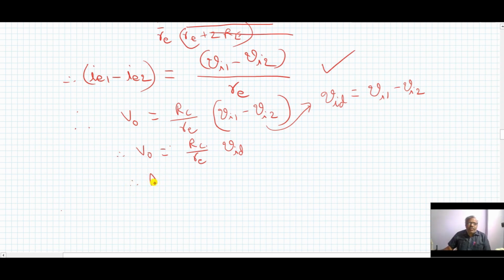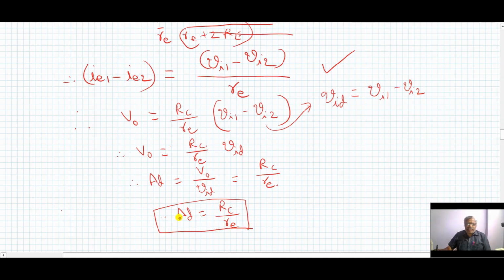Therefore our differential gain AD, which is defined as V0 by VID, the differential input, is equal to RC by small re. This is the formula for differential gain of the differential amplifier.